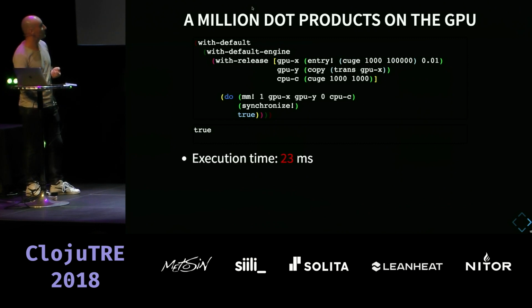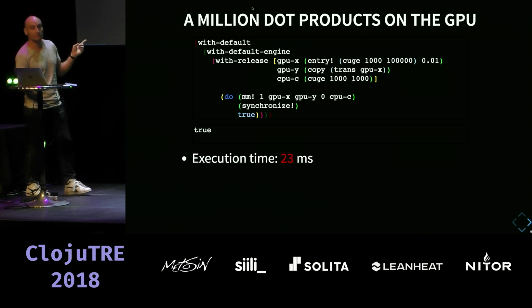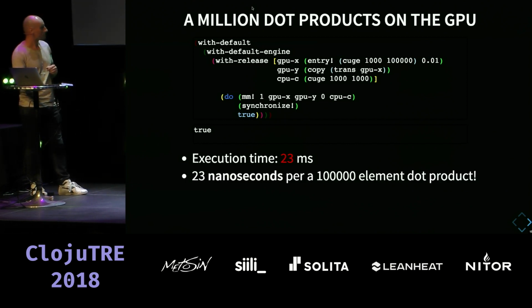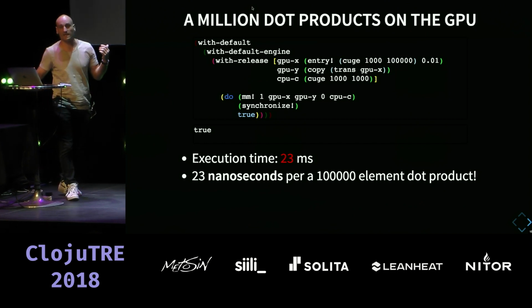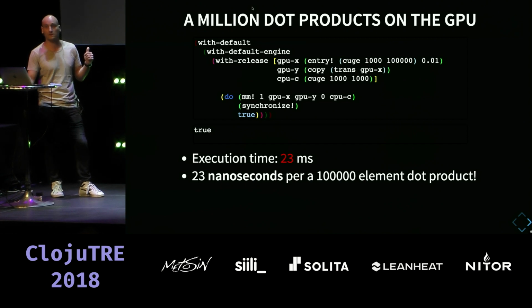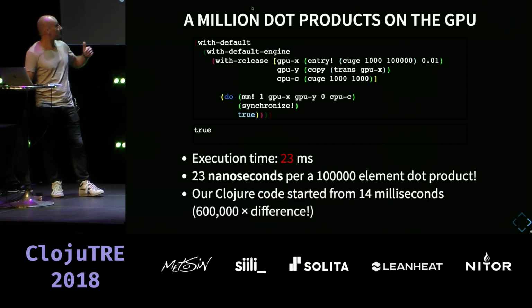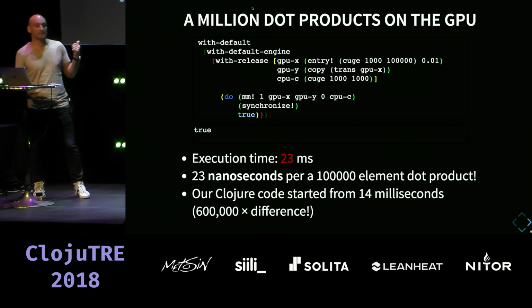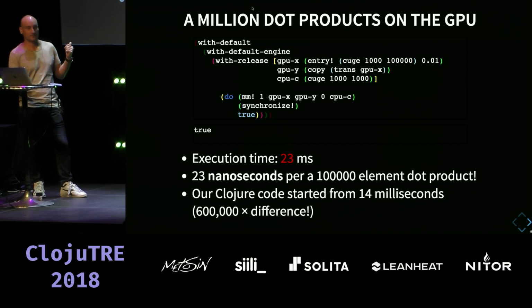So on my GPU, it takes 23 milliseconds, which is 23 nanoseconds per one huge dot product of 100,000 elements, which, if we compare this speed with the starting Clojure speed, is 600,000 times faster.